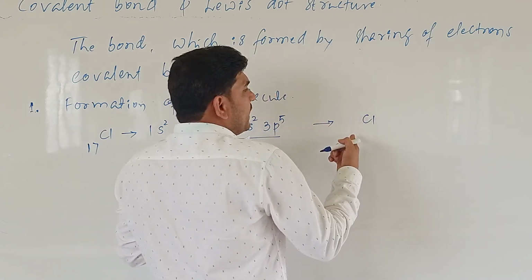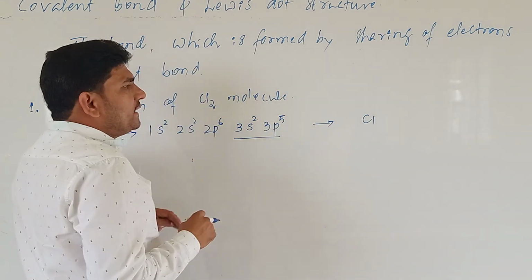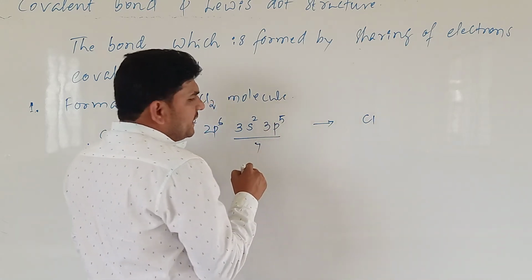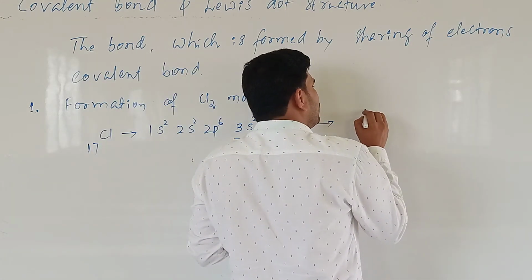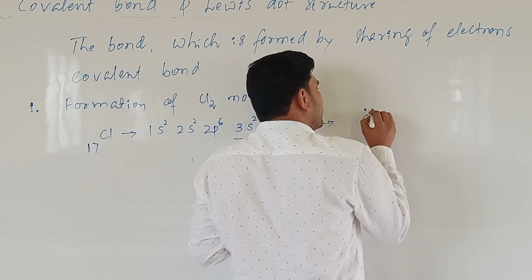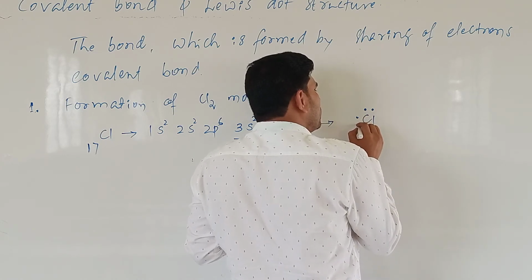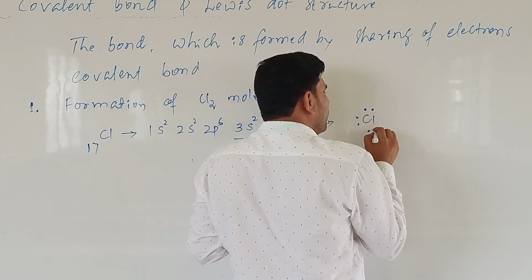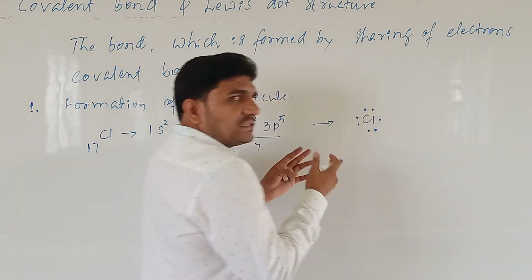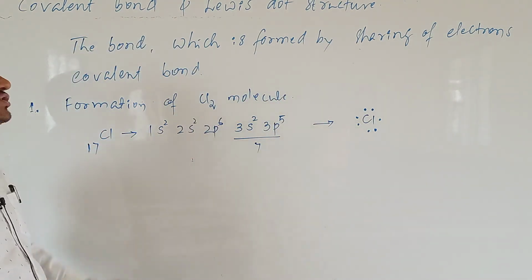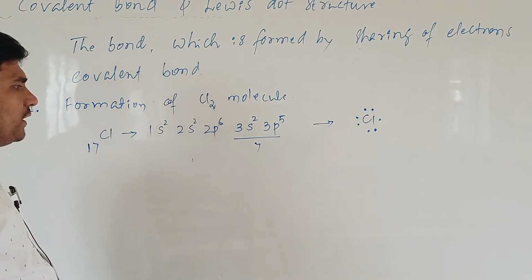See, in the case of Cl, how many valence electrons are there? 7 valence electrons are there. You need to represent those valence electrons in the form of dots around the symbol of that element. See, this is the Lewis dot structure of the chlorine atom.